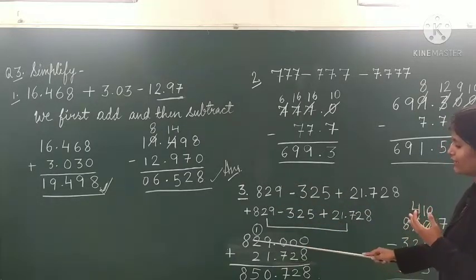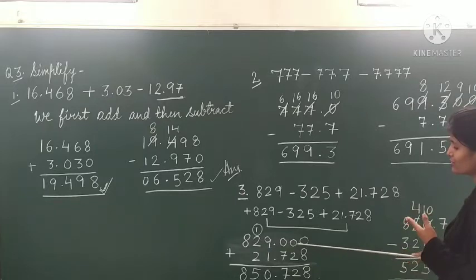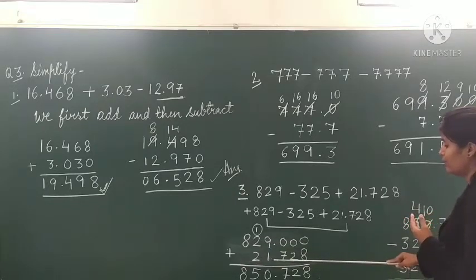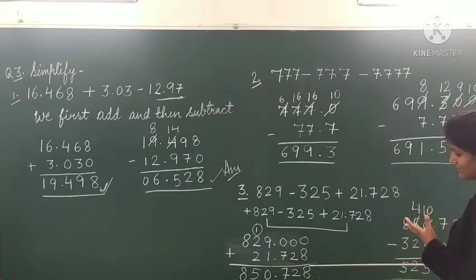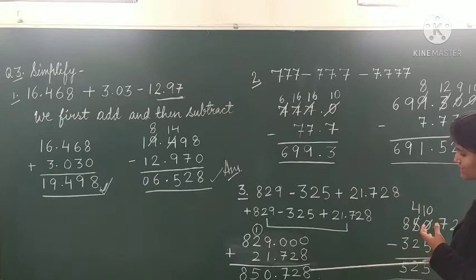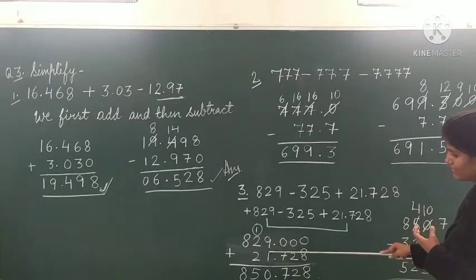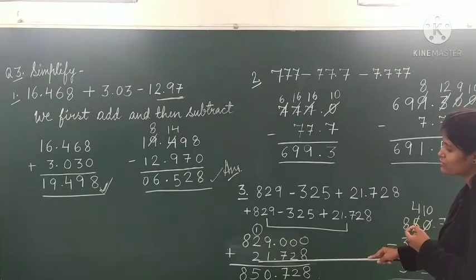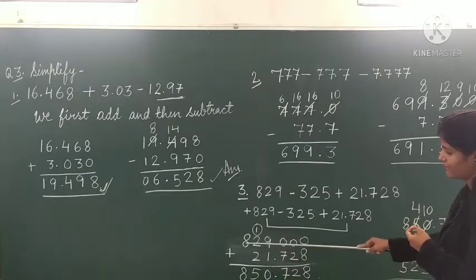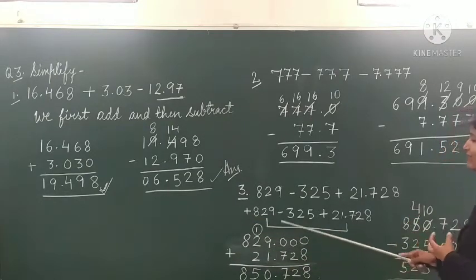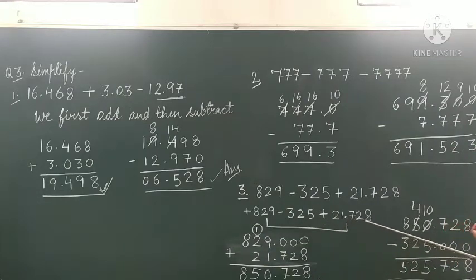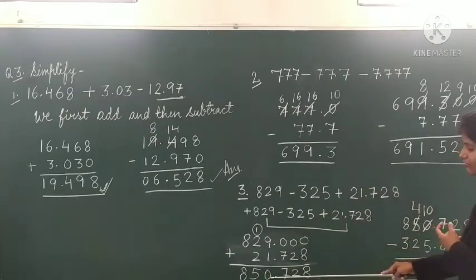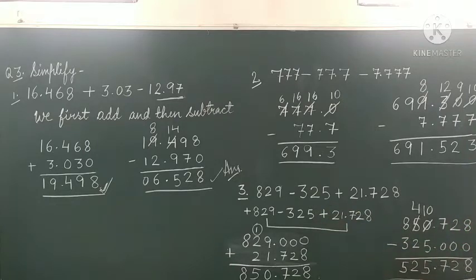So when you add 829.000 plus 21.728, start adding. 8 plus 0 is 8, 2 plus 0 is 2, 7 plus 0 is 7, put the decimal. 9 plus 1 is 10, so we write 0 here and carry 1. 2 plus 2 is 4, 4 plus 1 is 5, and 8 plus 0 is 8. So when we add 829 with 21.728, we got 850.728.